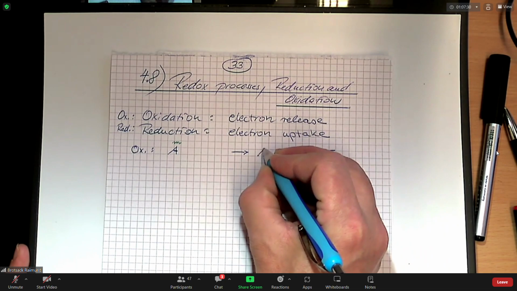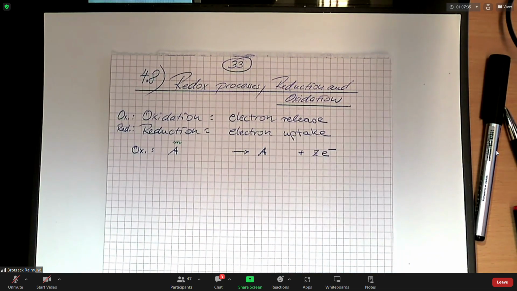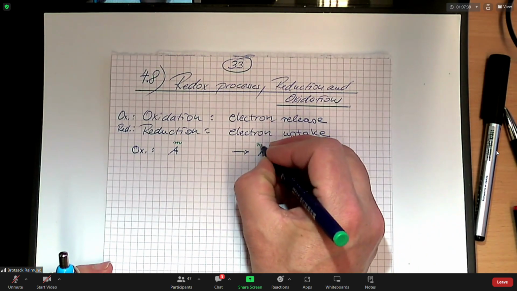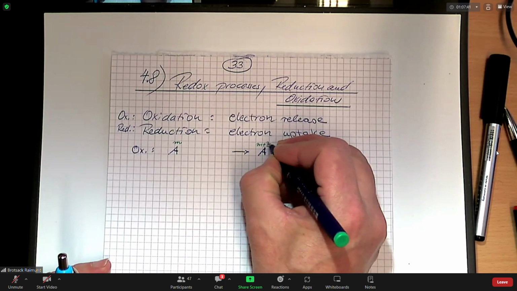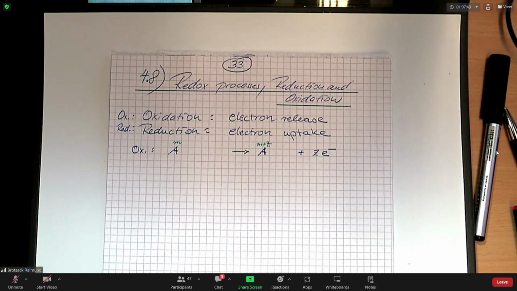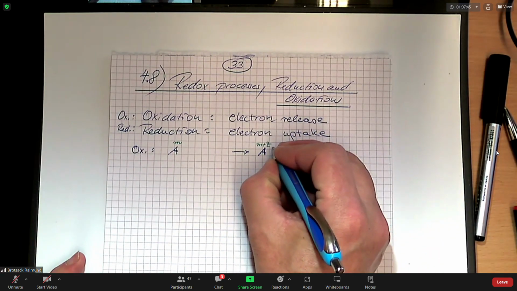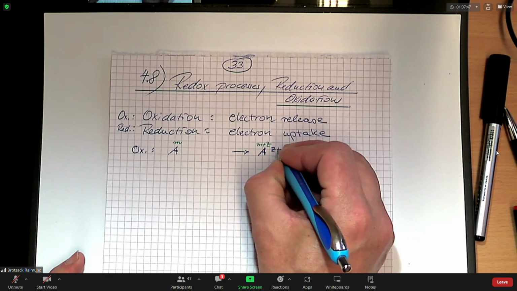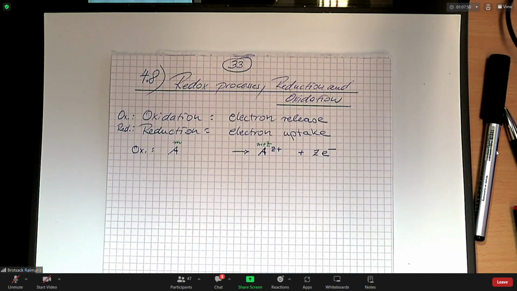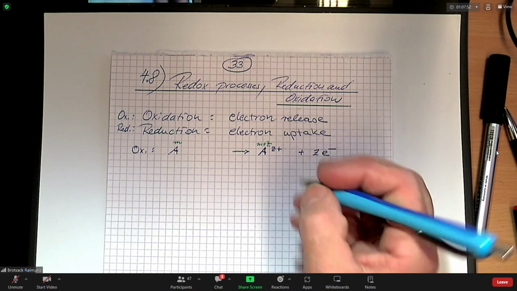What will be the oxidation number and the charge of A? M plus Z, and the charge will be plus Z as well.